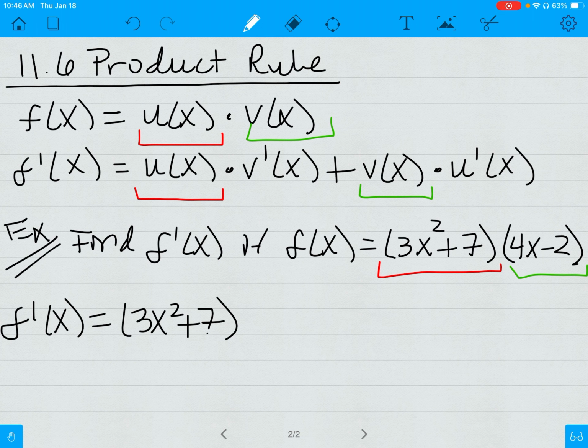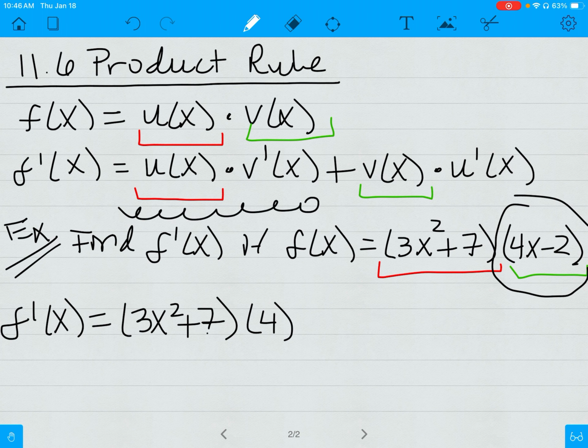So when I'm looking at our second function, 4x minus 2, the derivative of 4x is 4. The derivative of minus 2 is 0 because it's just a constant. And so that is this whole first part of our product rule. We have the first function times the derivative of the second function.